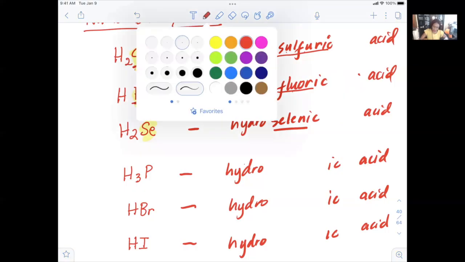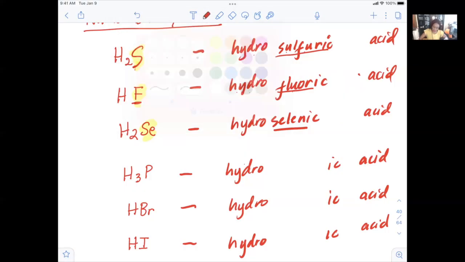And then let's see. What is this? Phosphor. Hydrophosphoric acid. Brom. I'll erase that part. Brom is the stem word for Br.